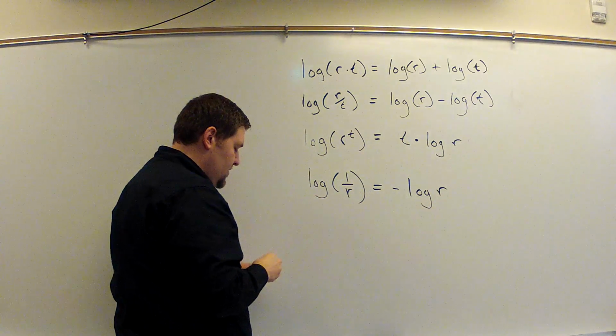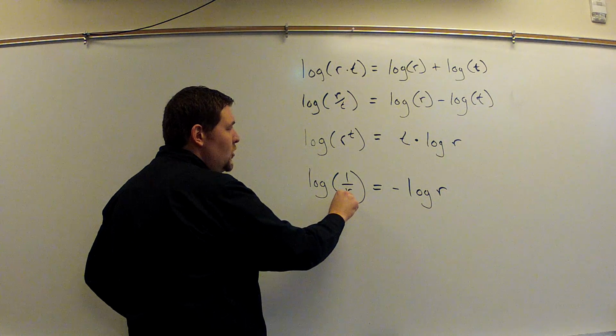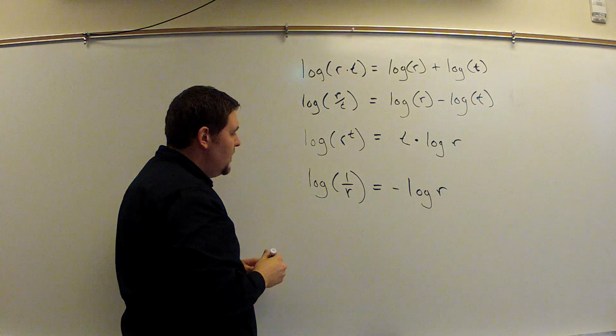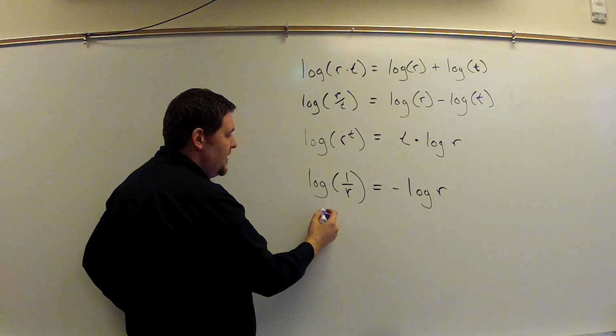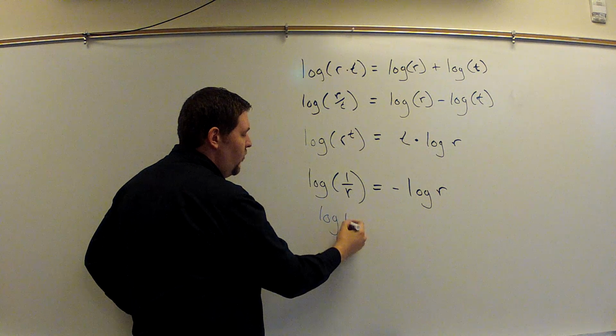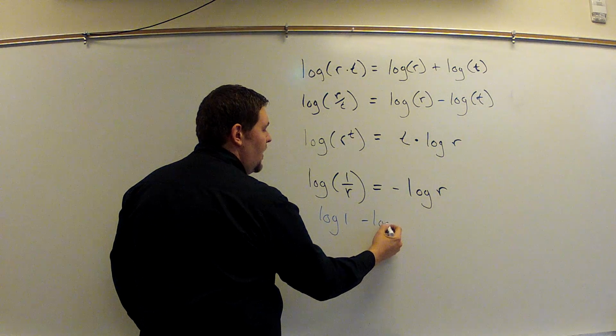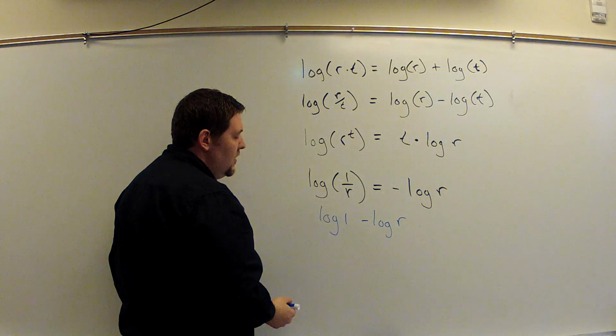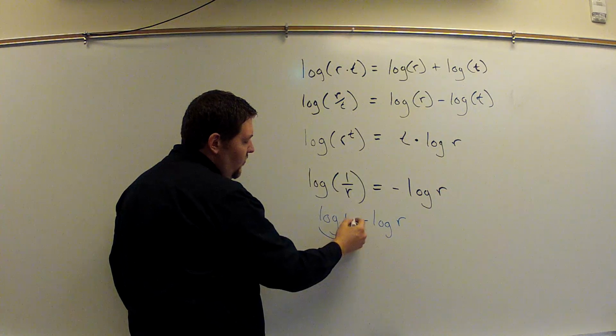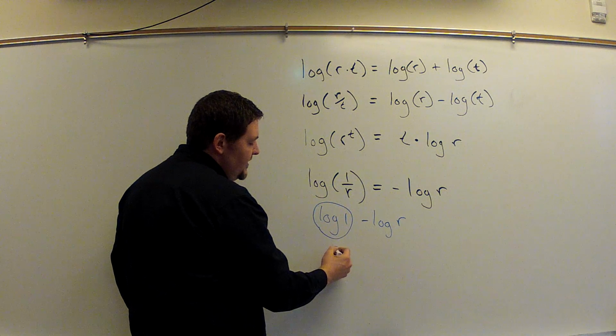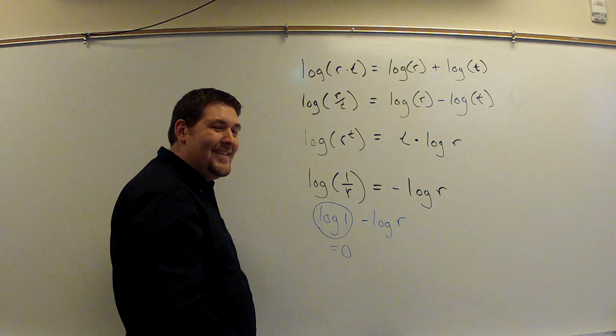Now, let's go ahead and use that thought I mentioned about how it looks like a quotient. Well, if I write this using the quotient property, this would become the log of 1 minus the log of r. It's subtle, but log of 1 is actually 0. Why is that?